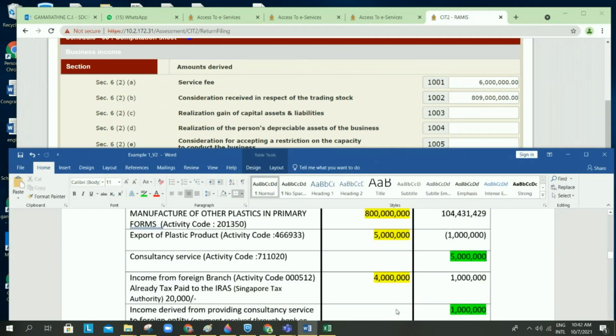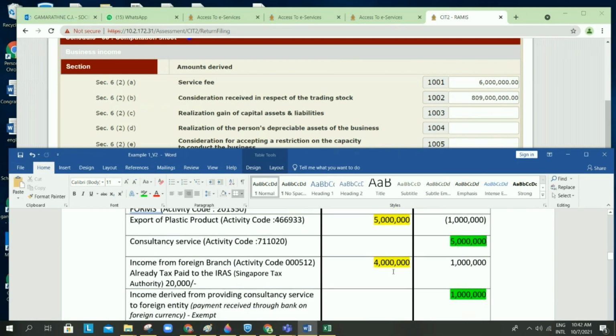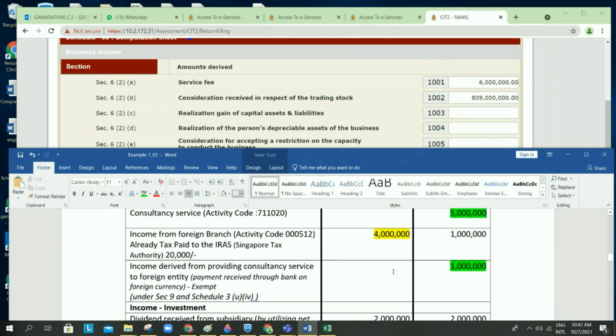815 million value we can identify as income, right? Those informations we are collecting from the example, right? Okay, now we need to identify the exempt and excluded value, right?